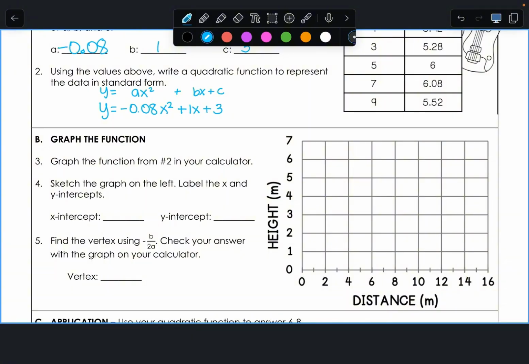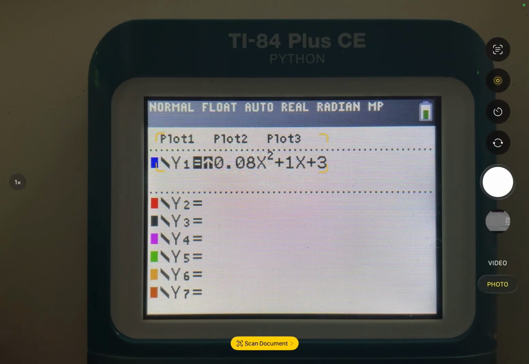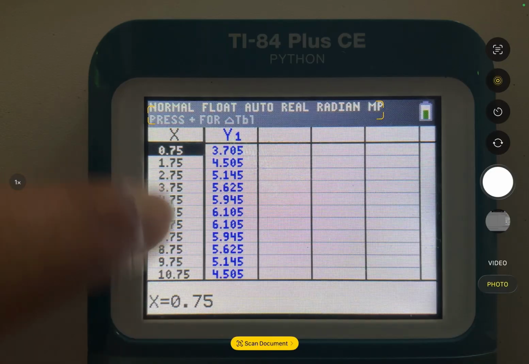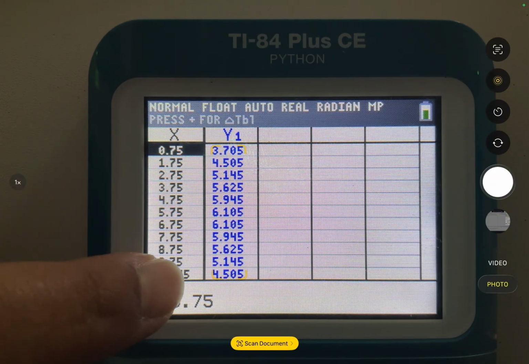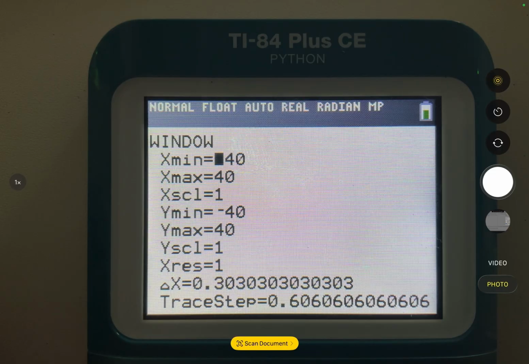Let's see. Go second graph. See if we can find our x and our y intercept. Oh, man. Is anybody else's in decimals? If you have decimals here in your x values, press second window and put a 1.